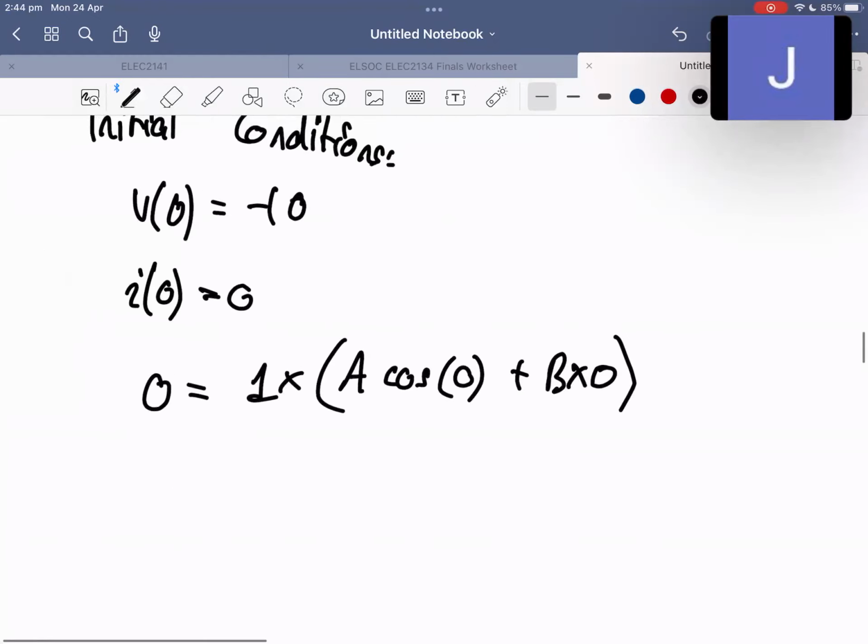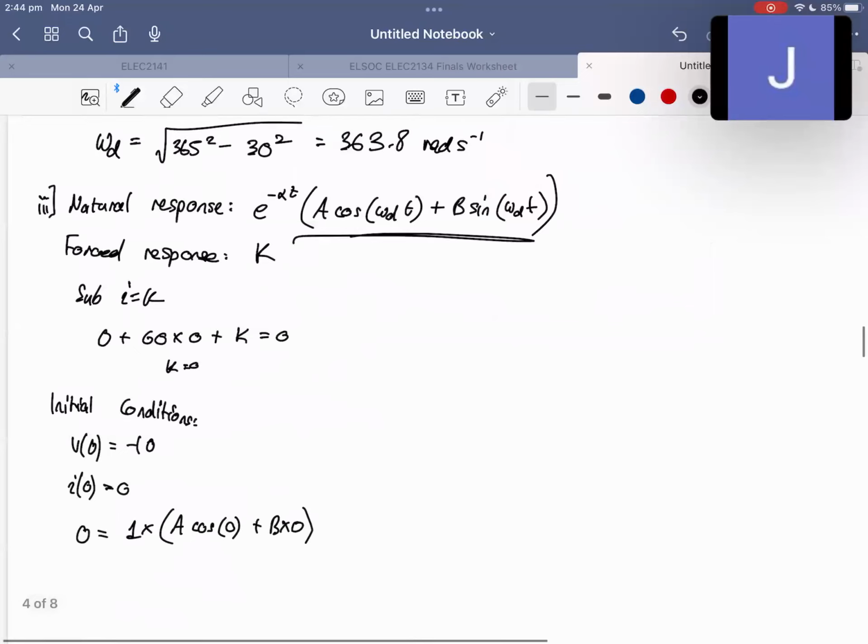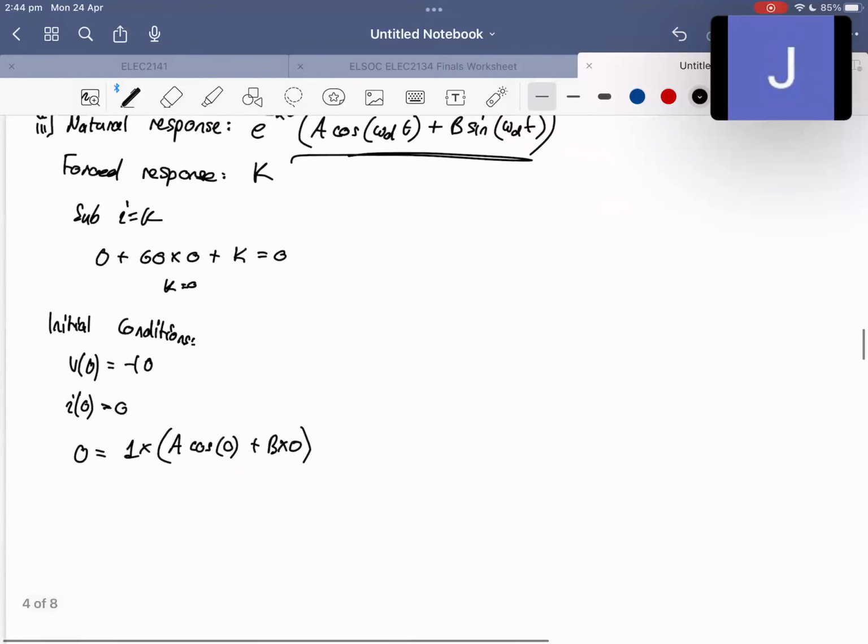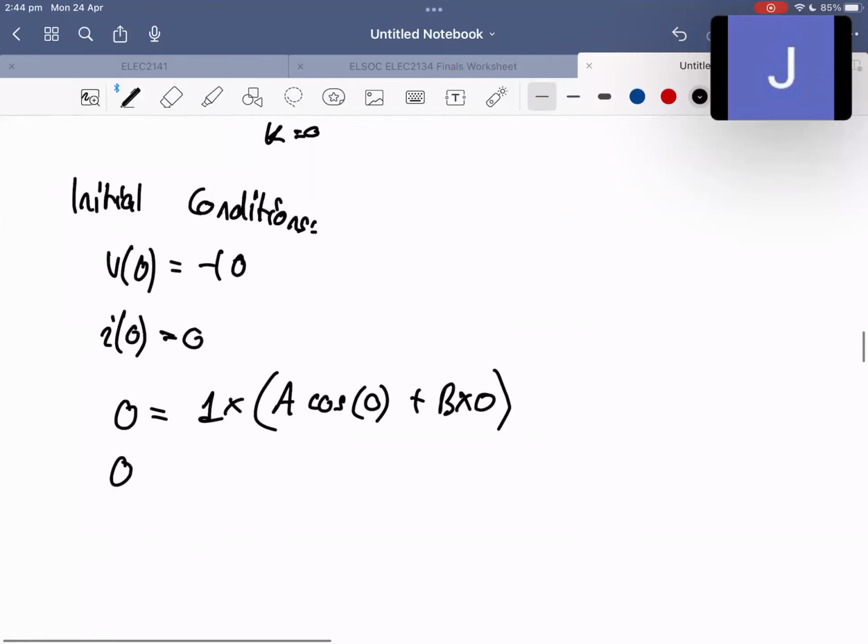So it's really neat because we can just get the constant A, which is 0. So 0 equals A. And all that's left is to find the constant B, which is a little bit trickier.